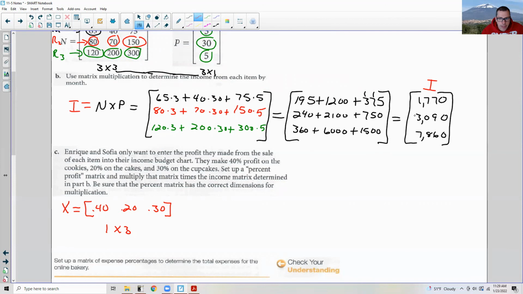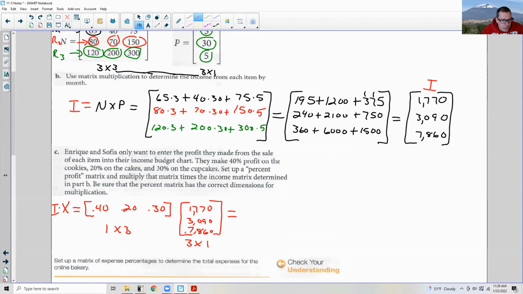This is our I matrix. So we're going to multiply I times X. So here's I, here is X, 1770, 3090, and 7860. This is a 3 by 1 matrix. And as you can see, the threes match inside, so we can multiply these, and we're going to get a 1 by 1 matrix, which is going to be their profit.